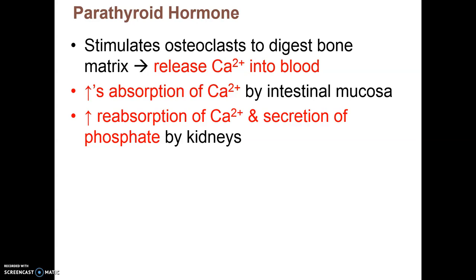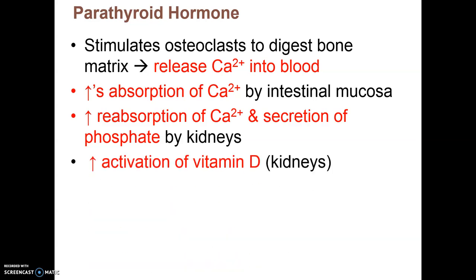It increases osteoclast activity, so the calcium will be taken out from the bone and released into the blood. And that calcium will go into the intestinal mucosa. And if too much parathyroid hormone is released, bones will get weaker.